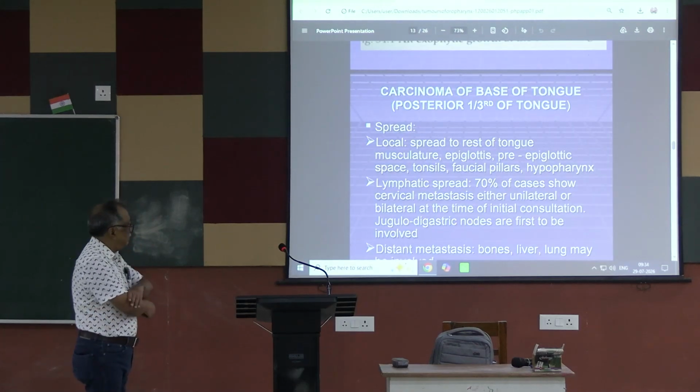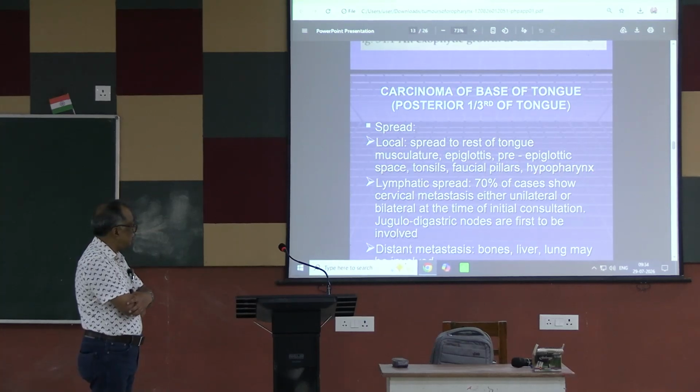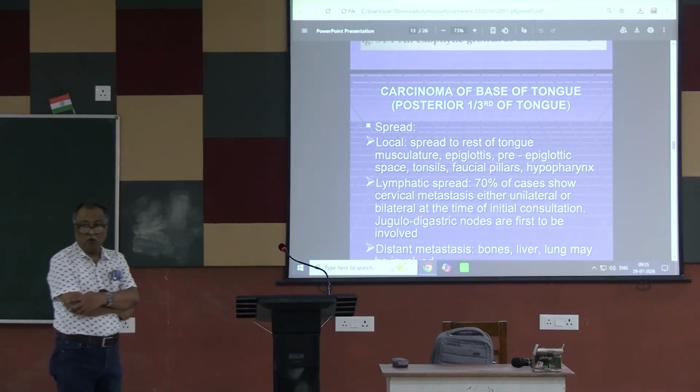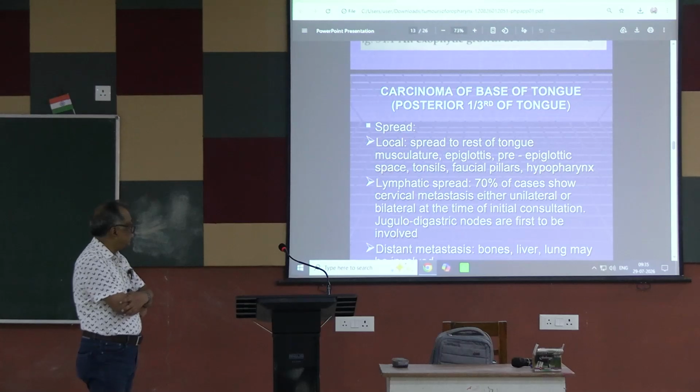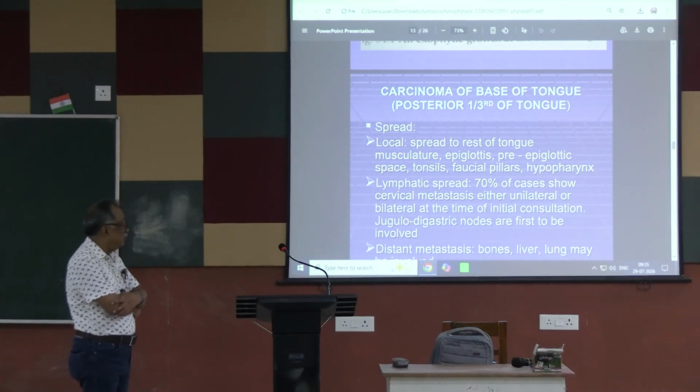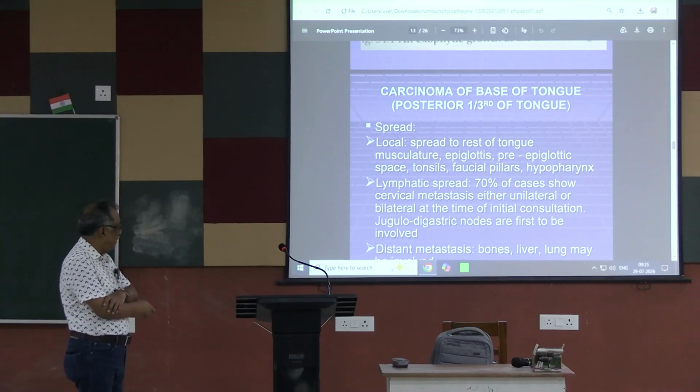What is the spread? Local spread to the tongue musculature, epiglottis, pre-epiglottic space, tonsil, faucial pillars, hypopharynx, and lymphatic spread. Already I have told you it is a bilateral lymphatic spread. So 70% of cases show cervical metastasis, either unilateral or bilateral, at the time of consultation. Jugulodigastric nodes are the first to be involved.